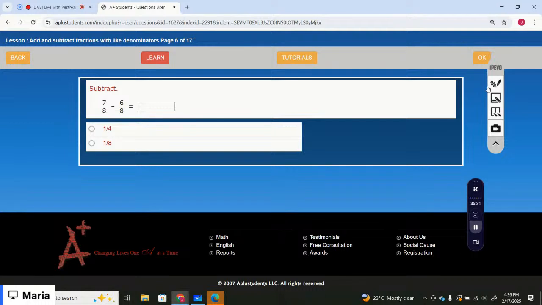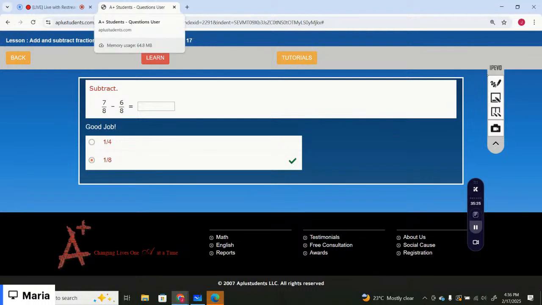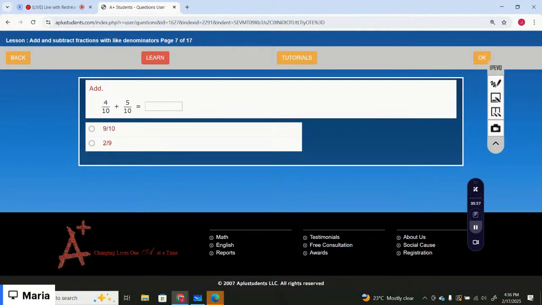That is 1 by 8. Option number 2 is the correct option. Four by 10 plus 5 by 10, which is the correct option.